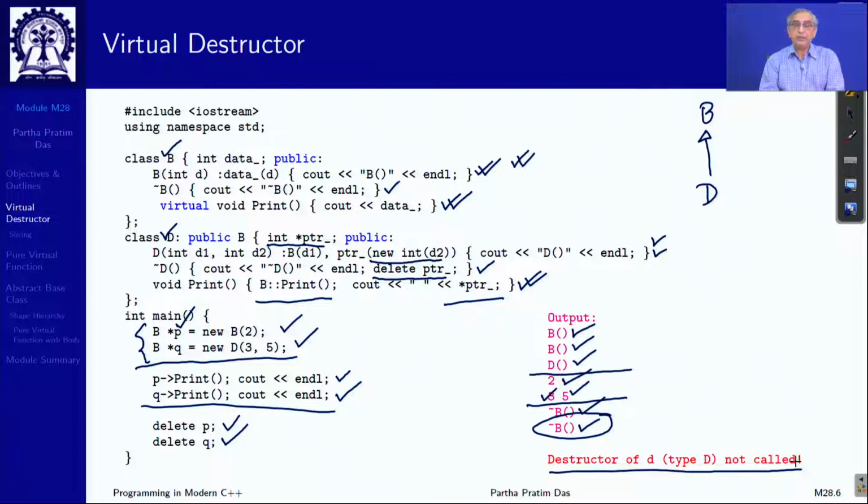So, when I do delete q, the destructor function is statically bound. Since q has a type of B, it is bound to the destructor of B, and that just is called, whereas it should have called the destructor of D by dispatch, which in turn would have called the destructor of B and completed this.